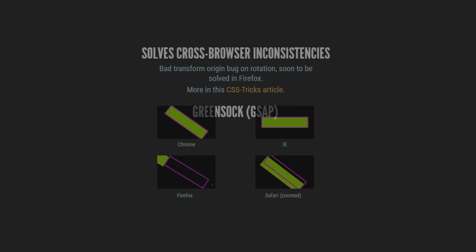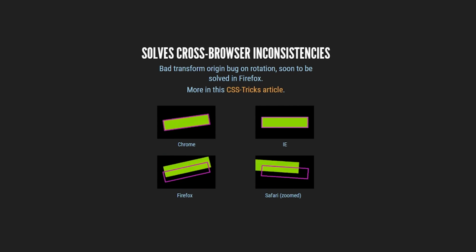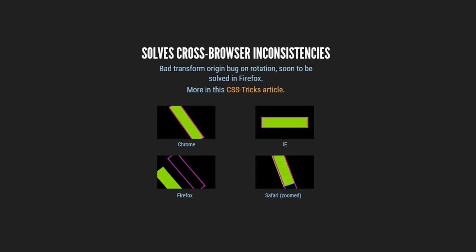I should say at this point that because I'm plugging GreenSock so much, I don't work for them, they don't pay me, I'm not affiliated with them, I'm not marketing or something. I just am a developer who really likes this tool. So like I said before, it solves cross-browser inconsistencies. I think that one in Firefox is actually resolved now, but these aren't the only ones.